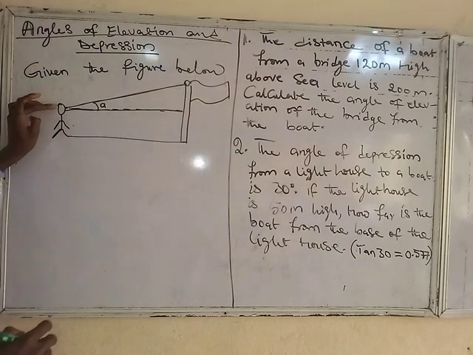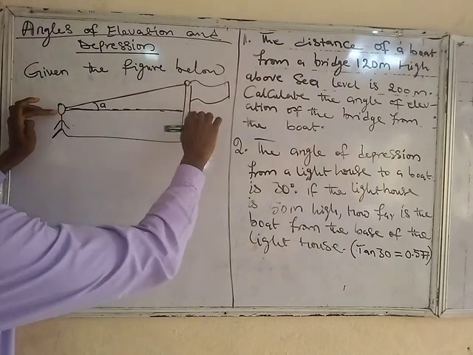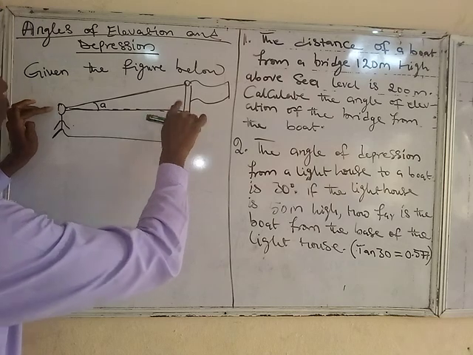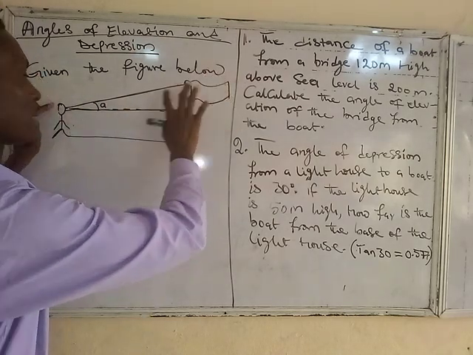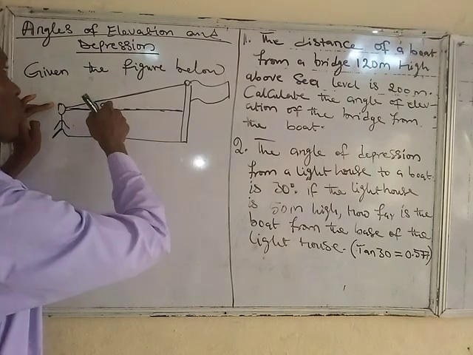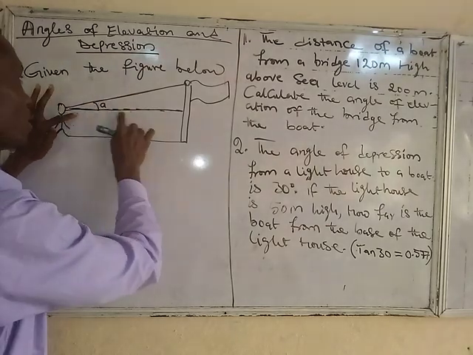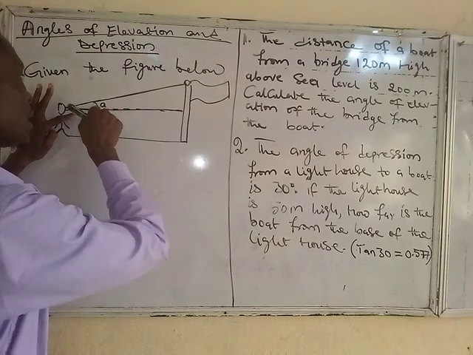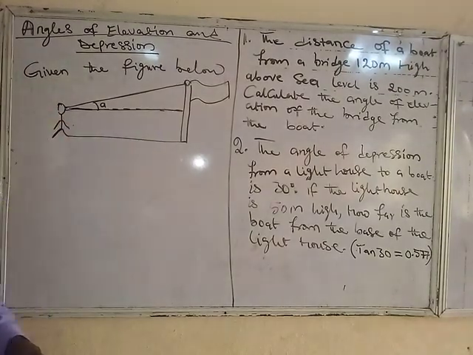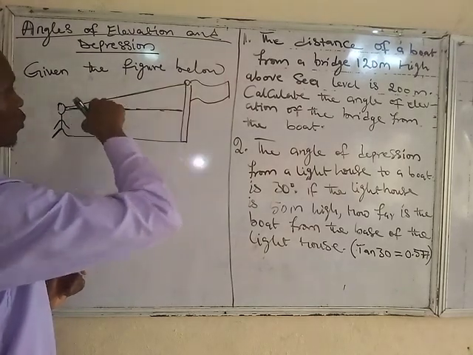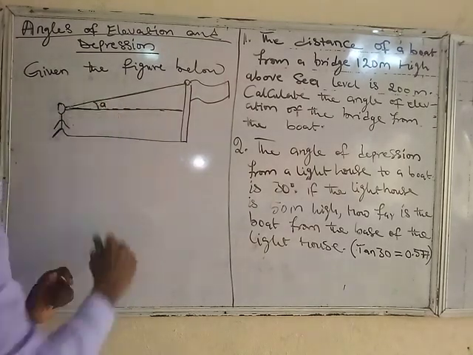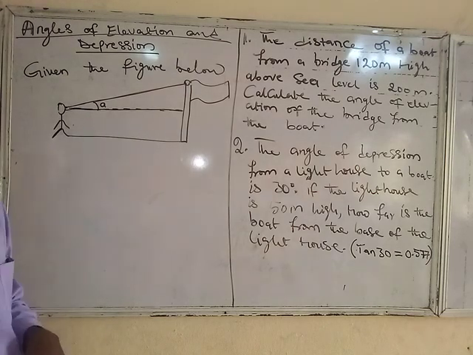So initially, the person can look horizontally to this point. But since the person decides to look at the top of the flag, it forms an angle with the horizontal. This is the horizontal. So this angle formed is called the angle of what? Elevation. So this angle from this line of sight to the horizontal is called angle of elevation.